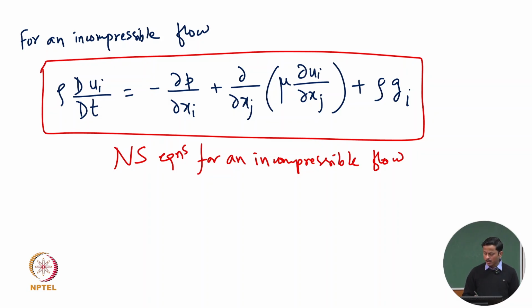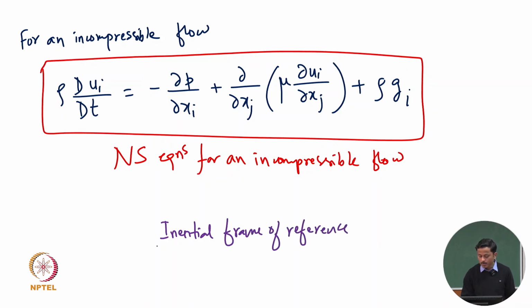So once we have this form, if you recall, I mentioned that this is the form that we are deriving for an inertial frame of reference. This is very important because next we will be moving on. So this is valid for inertial frames of reference.